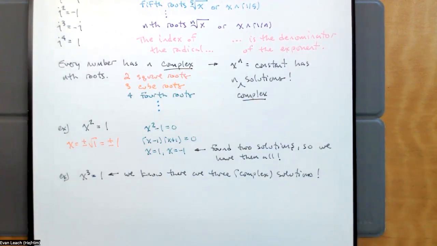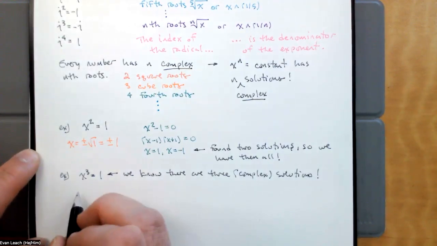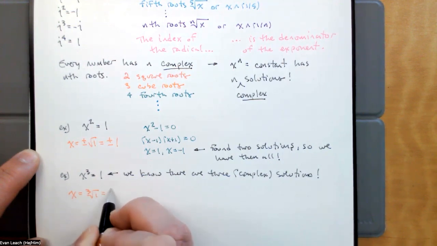If all we do is do the inverse operation to both sides, then x is the cube root of 1, which is just 1.